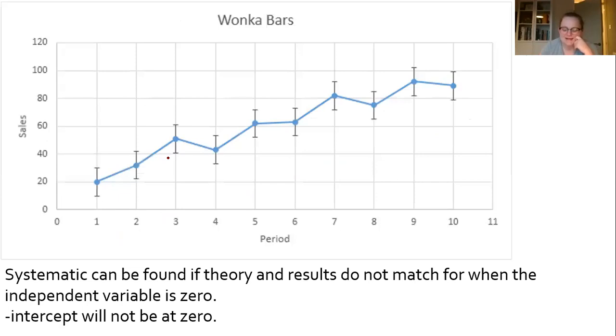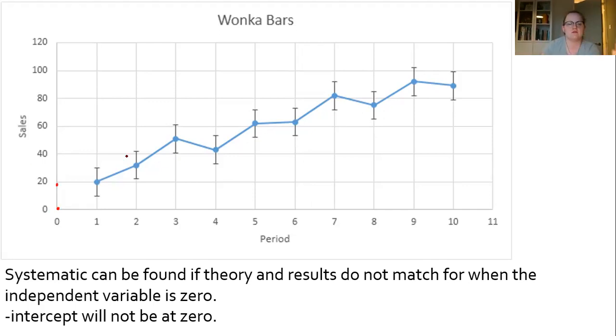Systematic errors can be found if theory and results do not match when the independent variable is 0. What we mean by that is if our independent variable should start at 0 and our results don't start at 0, let's say our results start here for some reason. You can plot expected results against your measured results.